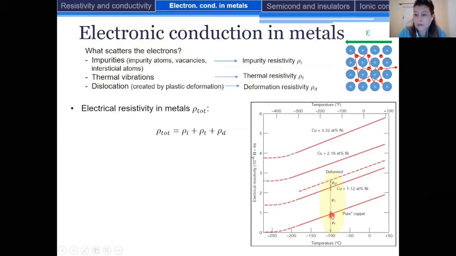Then you have the contribution of the impurity. In that case, we have the introduction of a certain amount of nickel. And then the contribution of dislocation or plastic deformation, which is that one. Okay, so the plastic deformation is created during the processing of the metal.